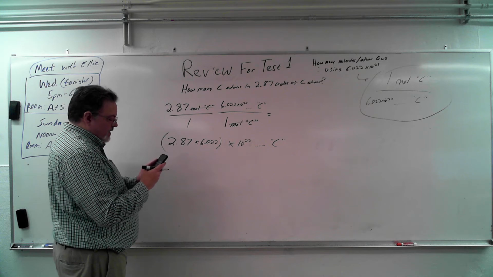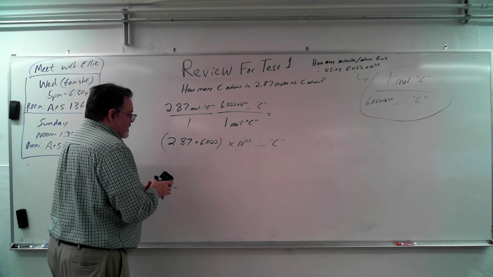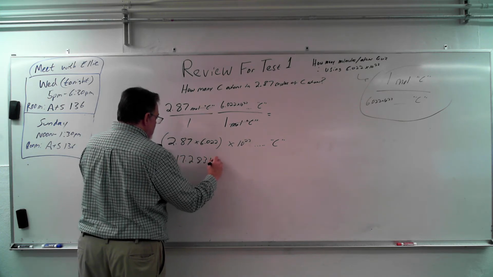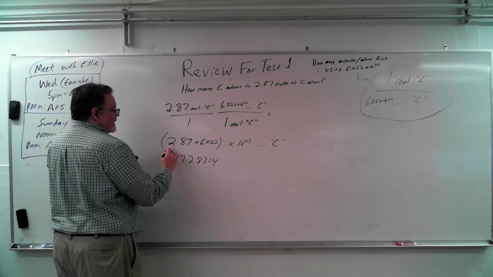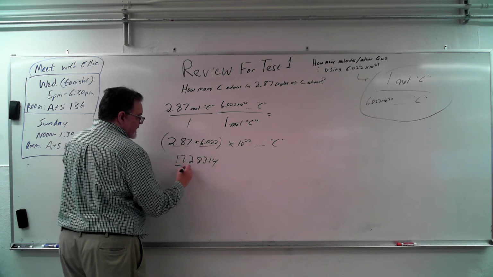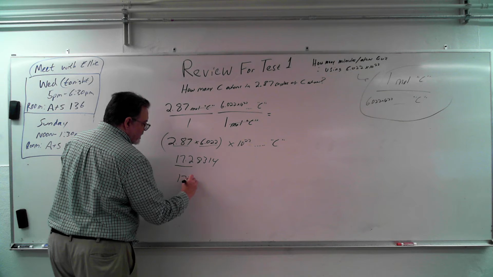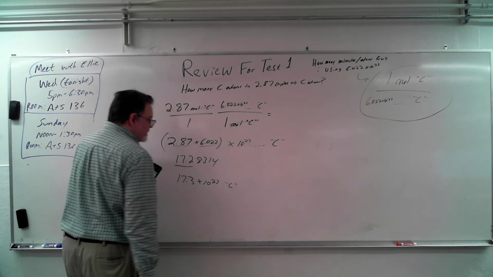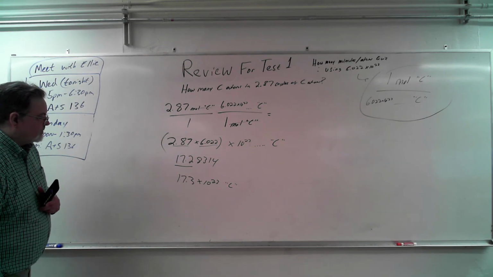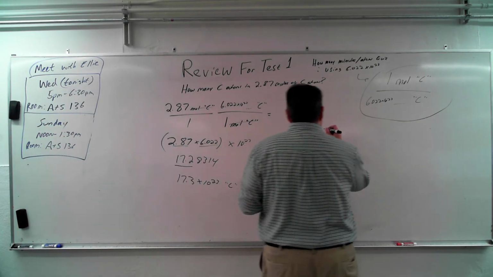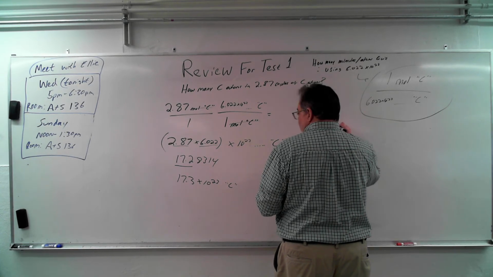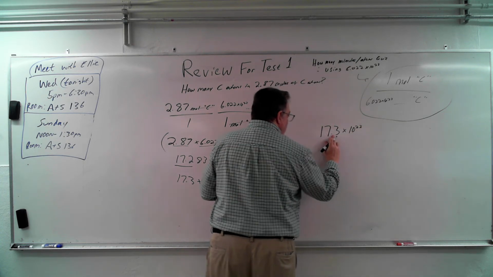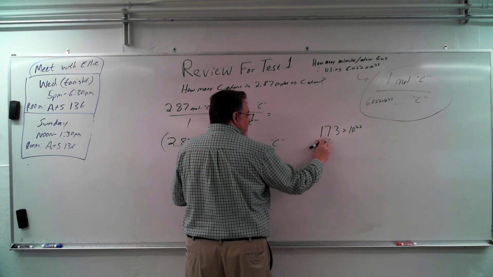2.87 times 6.022. My calculator says... These are our significant figures, 3 and 4, so I'm going to keep those 3. If I wanted scientific notation, if I did it this formal way, if I want that decimal here, that's 10 to the negative 1.